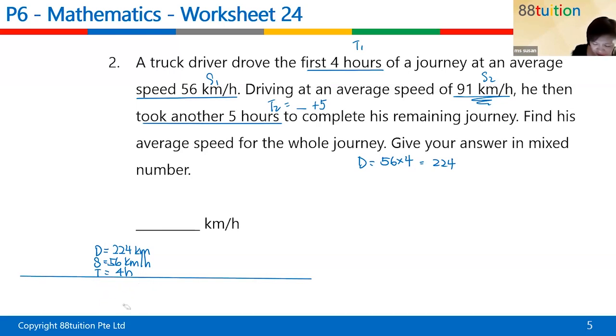That means here to here, time taken is 4 plus 5. Speed is 91. The time taken is another 5 hours, which is very long.